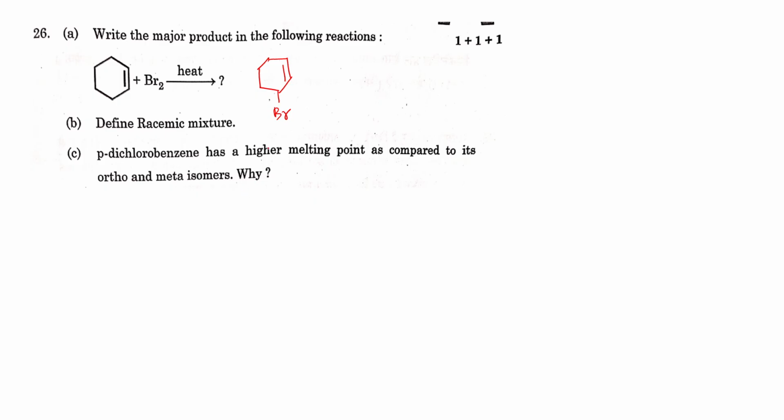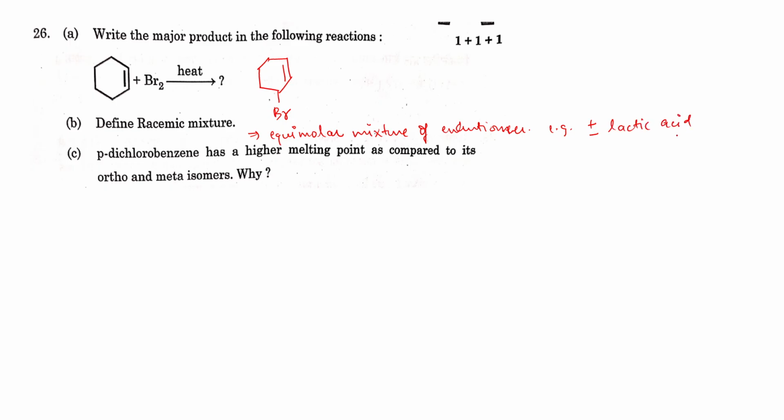Okay, what is a racemic mixture? A racemic mixture means an equimolar composition. Equimolar means equal moles, 50-50%. An equimolar mixture of any enantiomers, like if I take an example, plus and minus lactic acid or glyceraldehyde, any example.